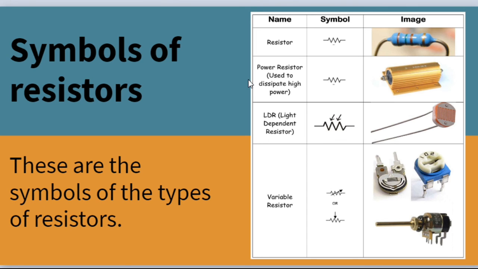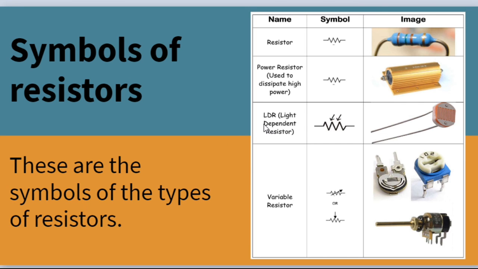We have also a power resistor used to dissipate high power. This resistor is used in high power devices. If we have a high power device that consumes a high power rating, this is the resistor that we will use. It has the same symbol as the first resistor.